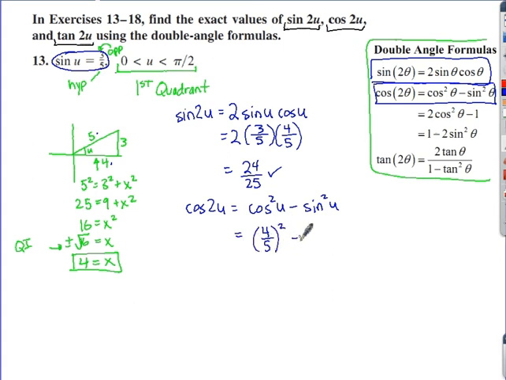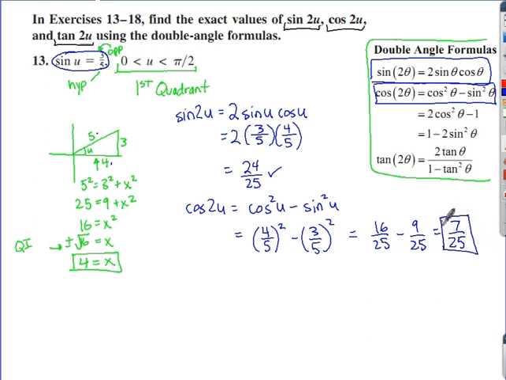And sine u is 3 over 5, so we square that as well. We have 16 over 25 minus 9 over 25. And that equals 16 minus 9 over 25, which is 7 over 25.